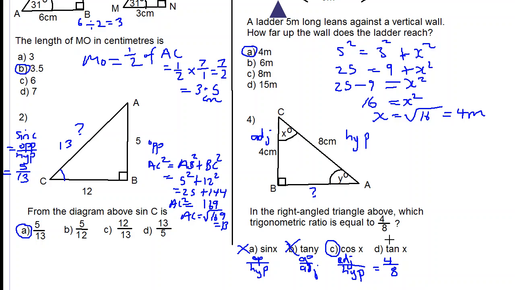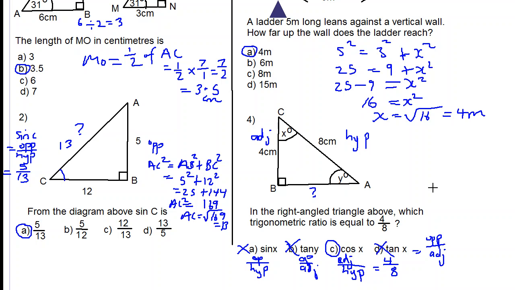Let's just check out D for fun just to make sure. Tan X, standing at X, we want to find opposite over adjacent, and that will give AB over 4, AB over BC. We are not provided with AB, therefore the answer cannot be D. So our answer is C for number 4.